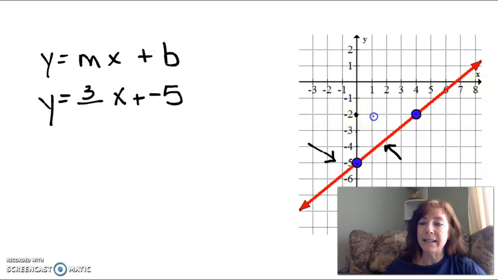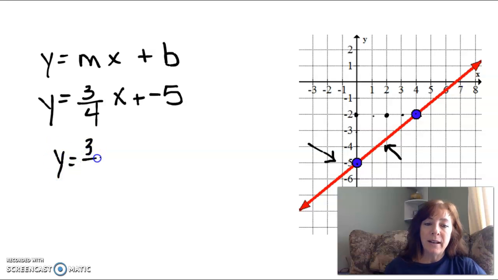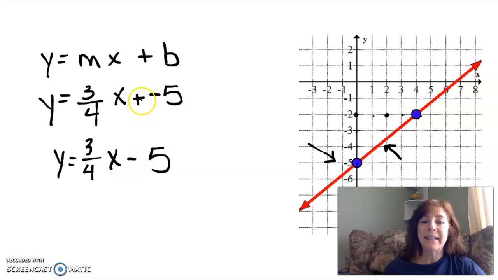I have to go right 1, 2, 3, 4. So I go right 4. Remember, up is positive and right is positive. So I have +3 over +4. And this is the equation of that red line. We could write this equation y equals 3/4 x minus 5, because minus is the same thing as plus and negative.